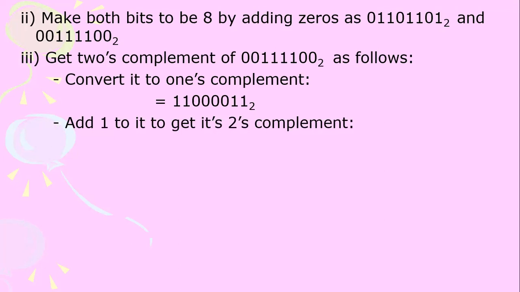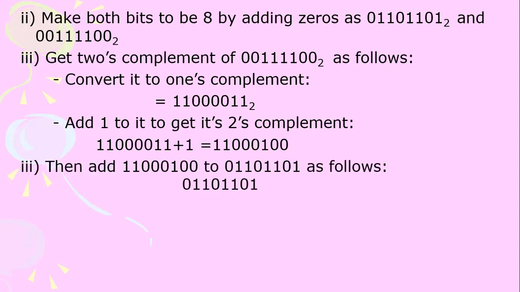Then add 1 to it to get its 2's complement, which gives us 11000100. That is what you have gotten as the 2's complement, and we add it to 01101101 as follows.